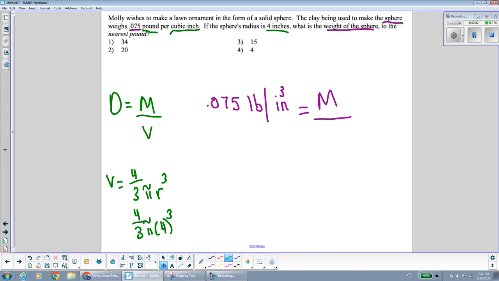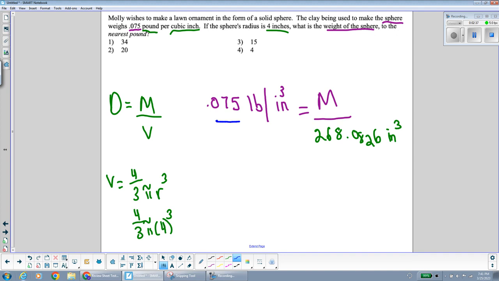So 4/3 pi (4 to the third power), and that is approximately 268.0826. I want to leave a couple of decimal places until my very last step, so that way I don't make a rounding error by accident.